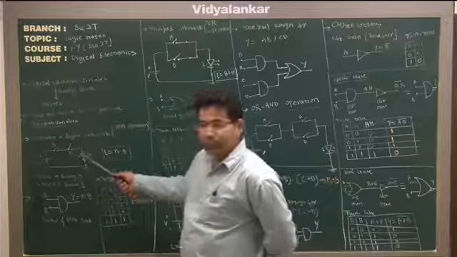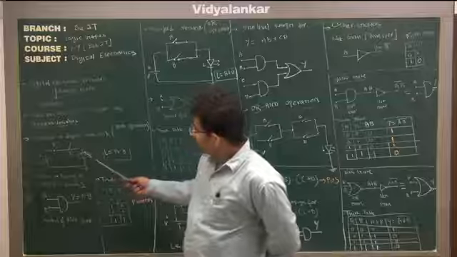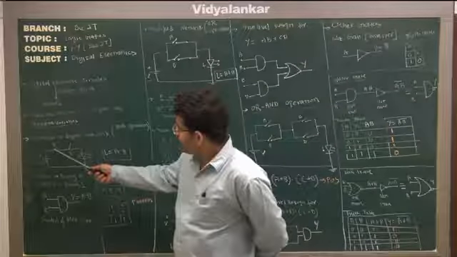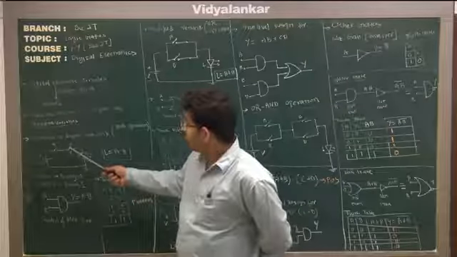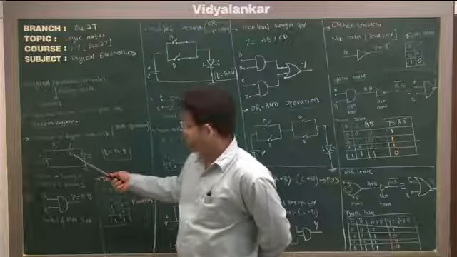Now, in order to have light from the LED, both A and B need to be closed.